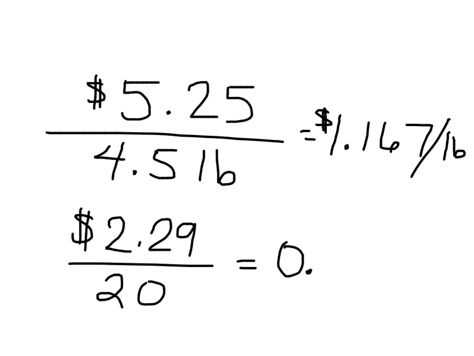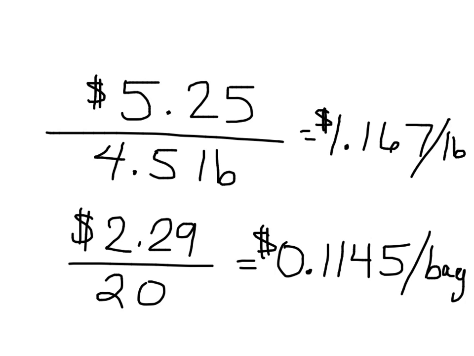It's 0.1145 per bag. When I write that slash, that's the same as saying the word per. So it's the same thing as putting per bag. I'd rather put a slash because I don't like to write.